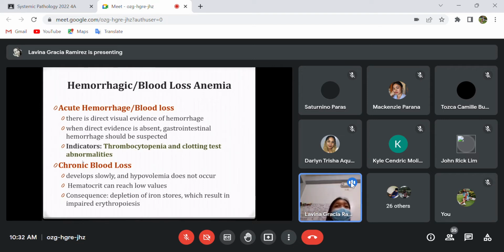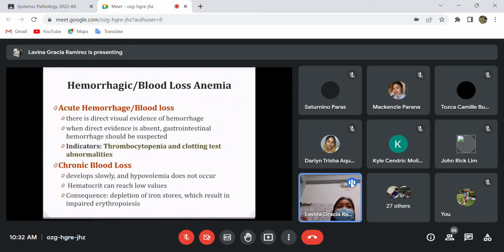The volume of blood is lessening little by little, not unlike your acute hemorrhage. Through hematocrit, the PCV or packed cell volume examination, you can see the values reduced. And consequently, what might really reflect a blood loss anemia is the depletion of iron stores.